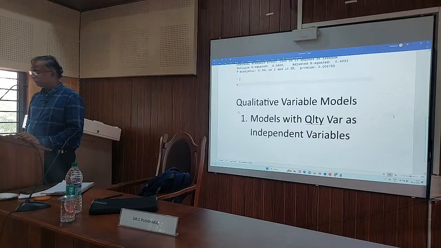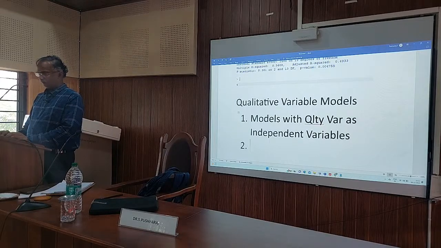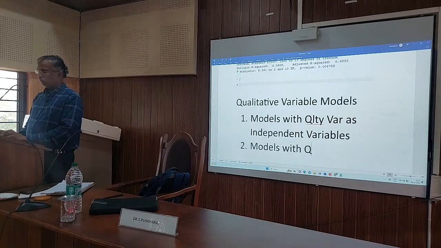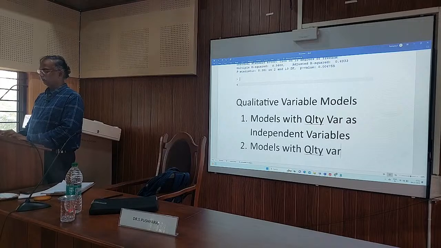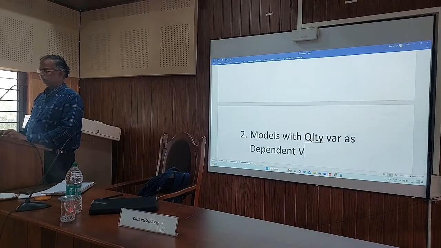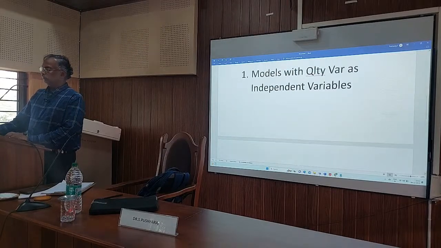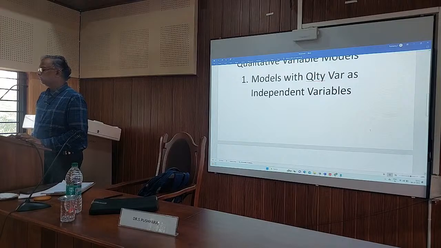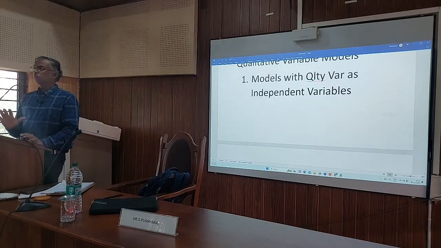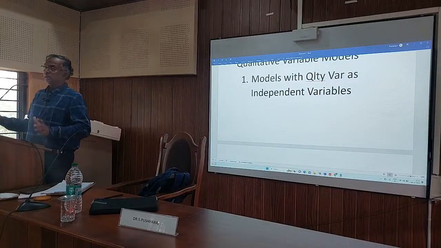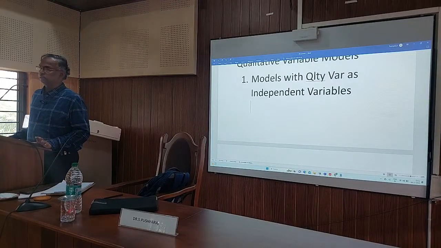The second type is models with qualitative variables as dependent variables. There are two very prominent models that come under the first type.